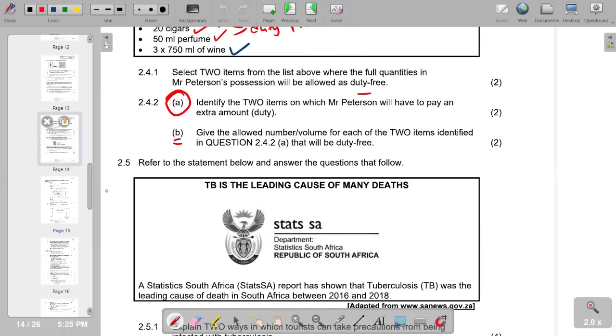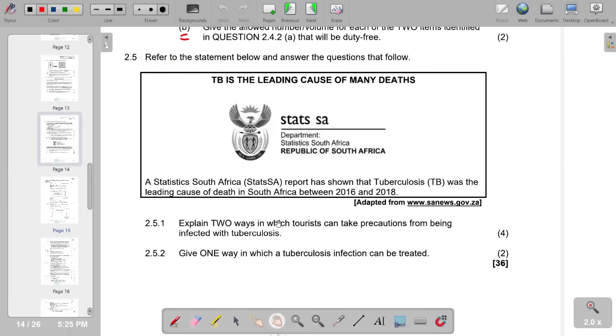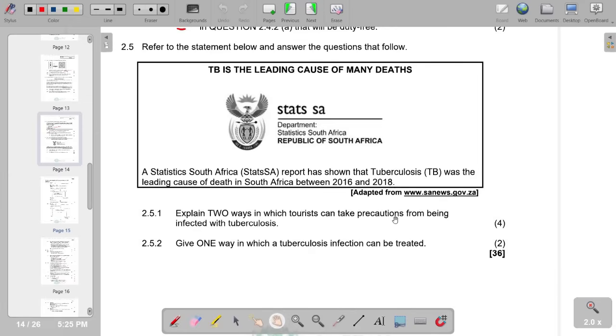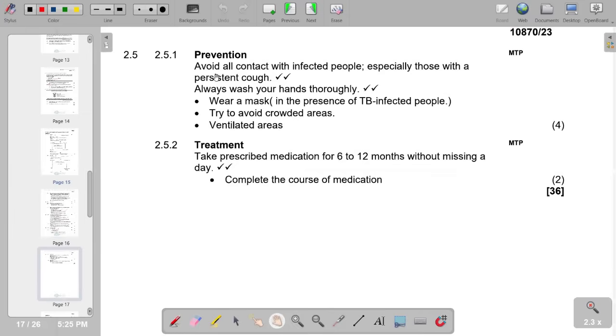Then moving on to our 2.5, refer to the statement below and answer the question that follows. So we're given that TB is the leading cause of natural deaths according to Stats SA. So the first question reads, explain 2 ways in which tourists can take precautions from being infected with tuberculosis. So what are the precautions that can be taken to avoid tuberculosis?